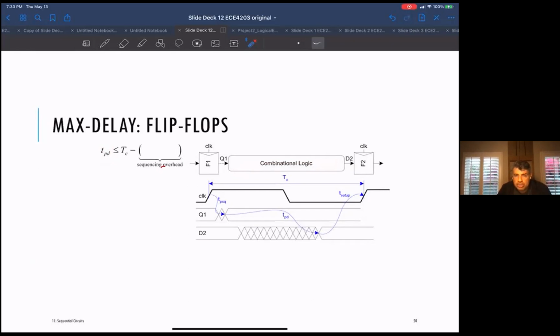First let's look at the case where the delay could be too large, or the maximum delay that you could have in your combinational circuit given a certain clock period. I won't go through the analysis, but it ends up being the prop delay from clock to Q of your flip-flop plus the setup time of your flip-flop.